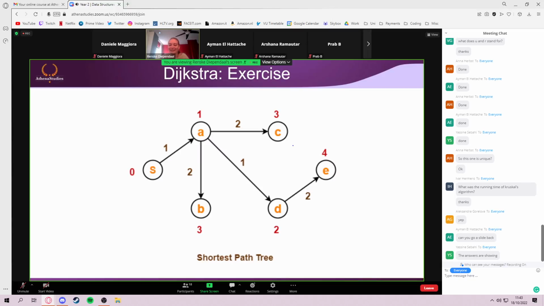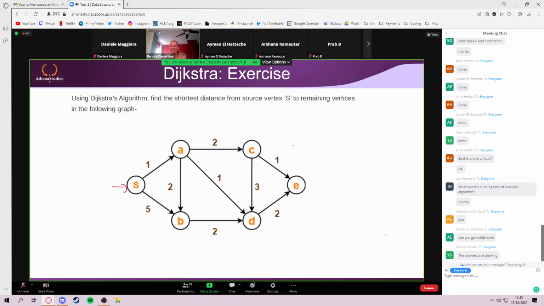Graph, sorry. This should be the graph, the exercise.